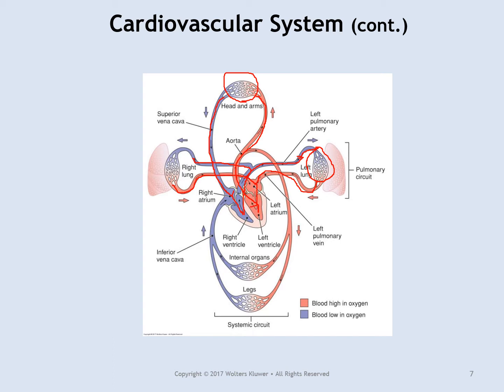The only difference with this lower part is once that left atrium contracts, those that don't go up into the head and arms go down into the inferior, or through the aorta, down into the internal organs of the abdomen, capillary beds there, and into the legs and the skeletal muscle.